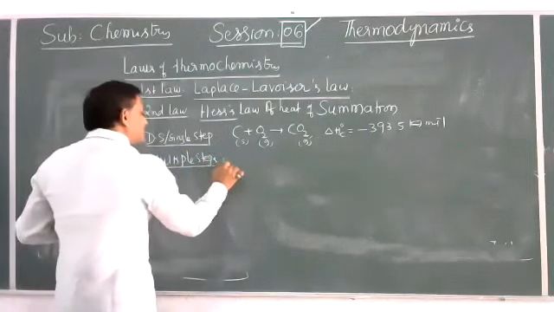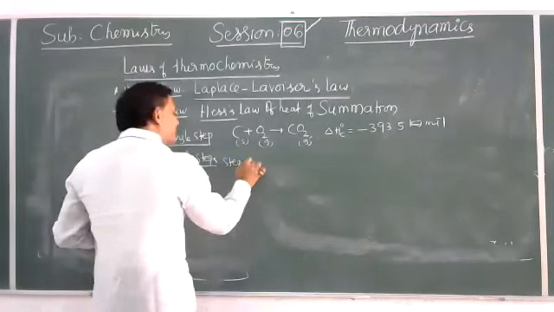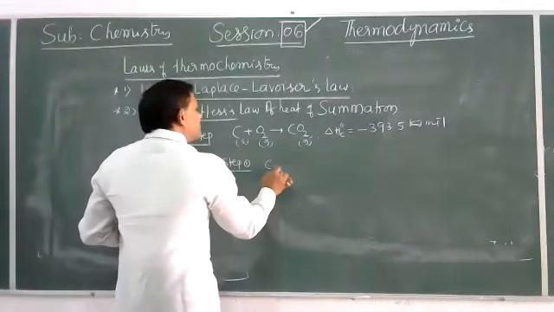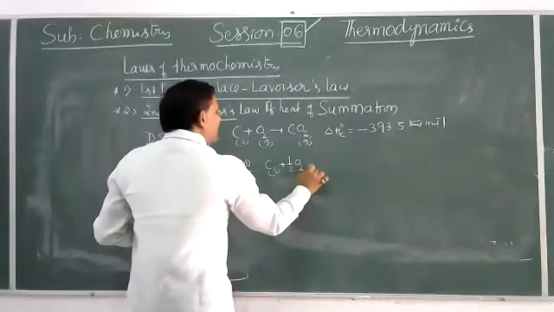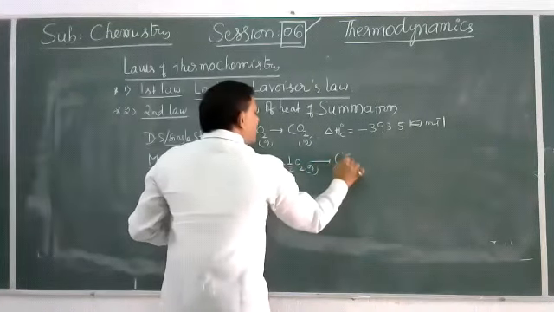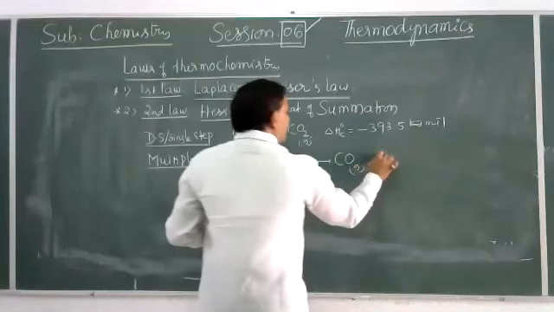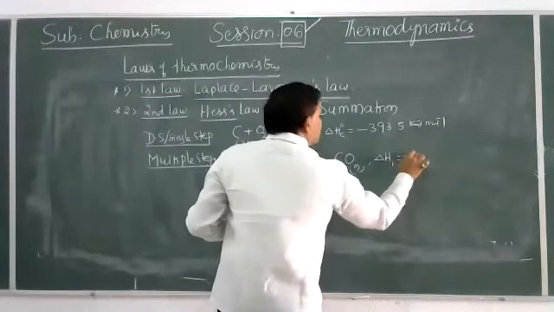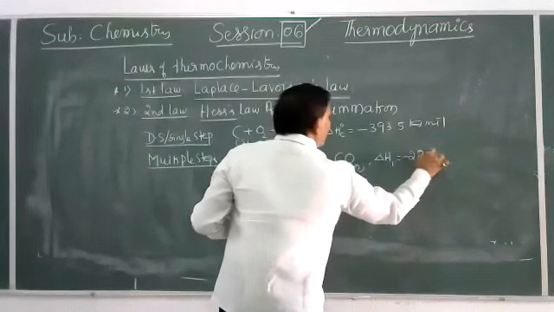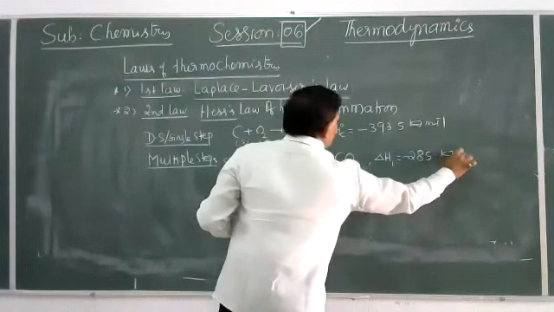In multiple steps, step one: carbon combines with half O2 gas, it gives CO gas, carbon monoxide, delta H1 in the first step, minus 285 kilojoules per mole.